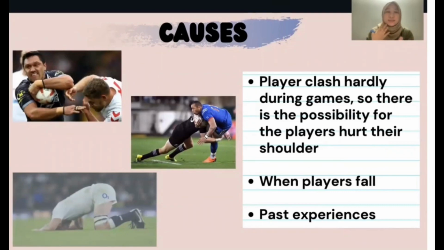So there is a possibility the player falls and causes this injury. Okay, from past experiences, maybe past experience means that there is a chance that players did not receive the treatment that he or she needed before the next tournament.